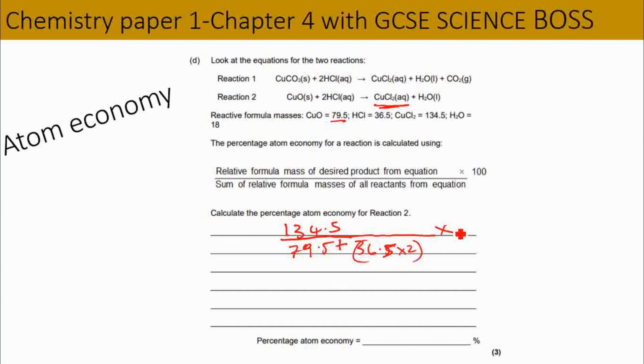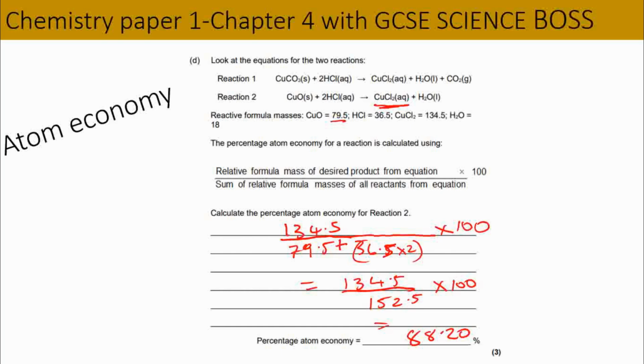And we're going to times that by 100. That is going to give me 134.5 over 152.5, times 100, and that will give me an answer of 88.20%. Okay, good, well done.